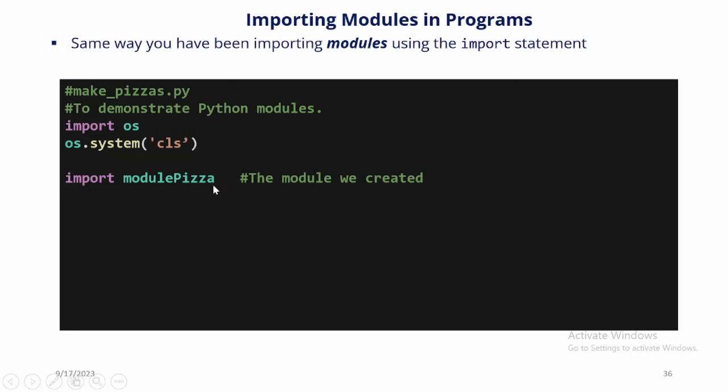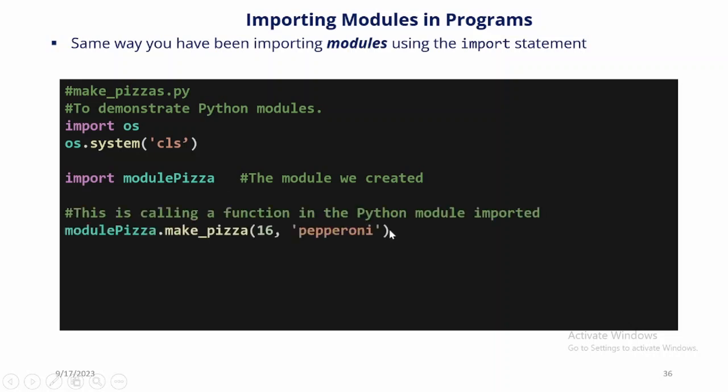Of course, there's an advanced way to do that, like all the modules we have been calling in Python, import OS. OS is not there in the program code we are writing, but we are not looking at the advanced way of doing that. Let's make things simple. Keep the module file in the same directory as where your makepizzas.py file is. So we import the module.